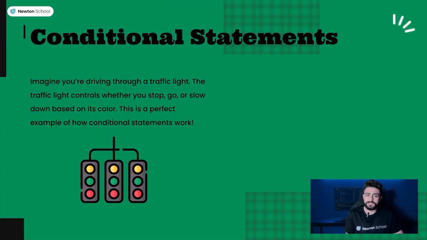So what are conditional statements? In the last video, I gave you an example of a voting system. For example, you go to a voting booth and there is software to allow people to enter or not. Inside that software, there will be some code with conditions.